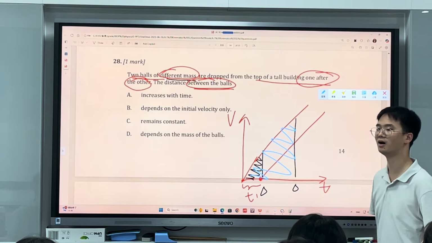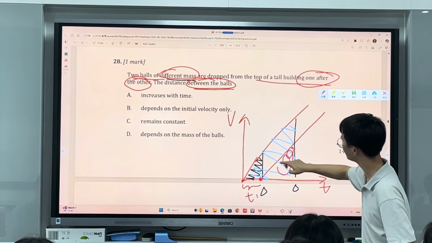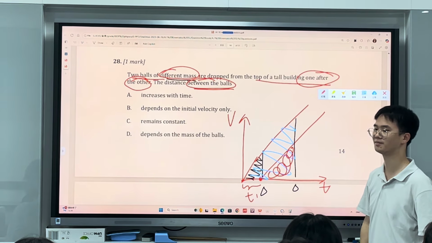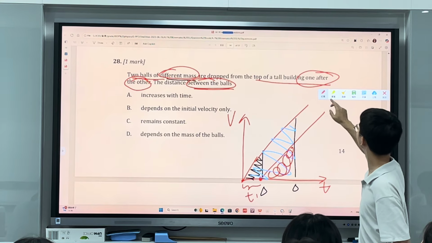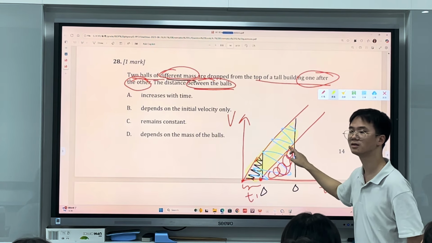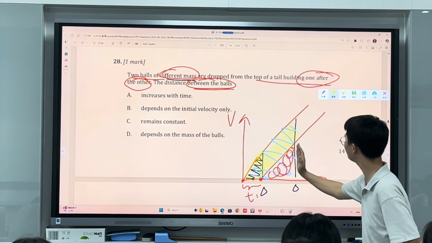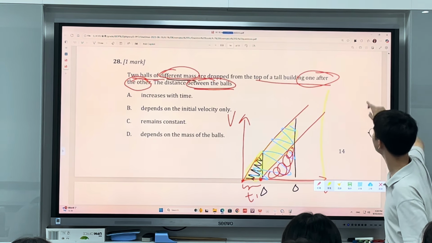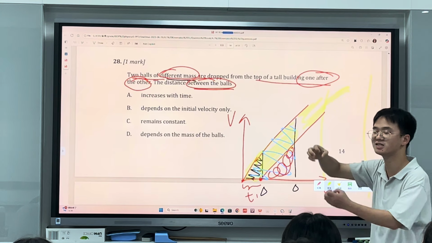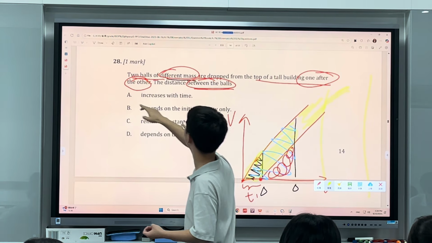What about the second ball? This much, right? So what about the distance change between them? It's this area, right? Yes. Compared to initially, this area is added, and if you keep going, as time keeps passing, this area would keep adding. So the distance between them is going to be increasing, right? Increase with time.